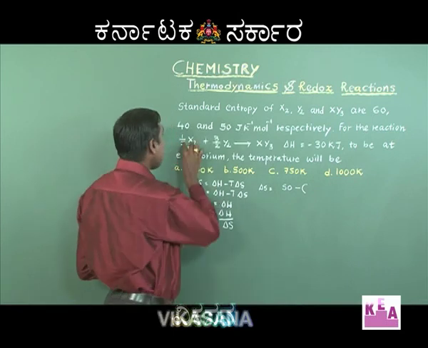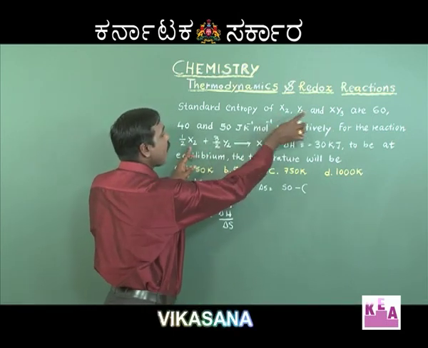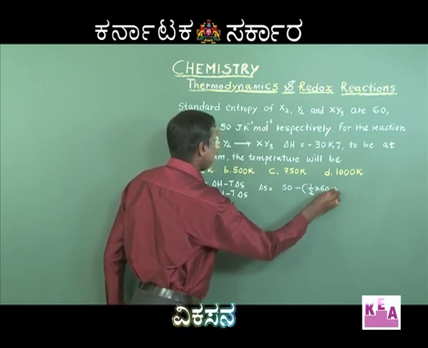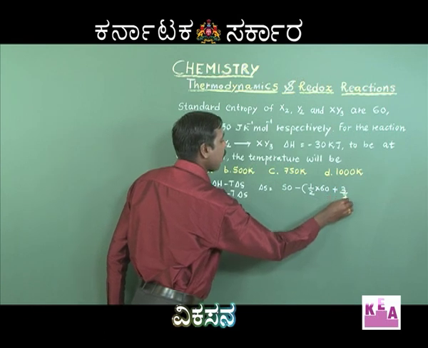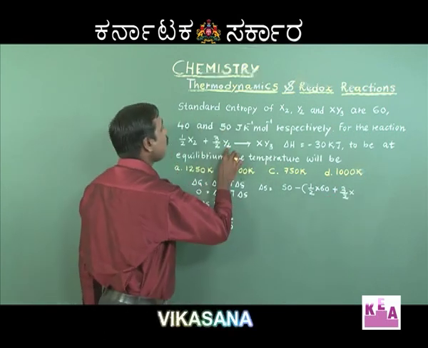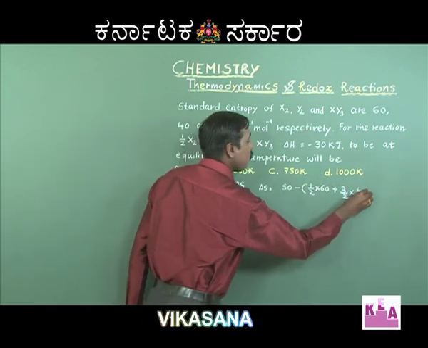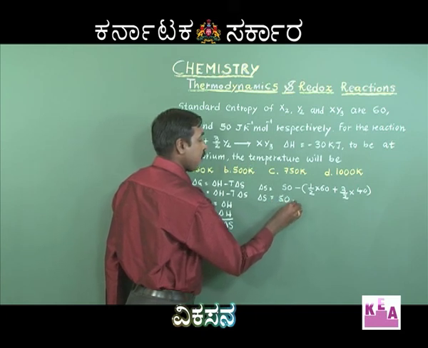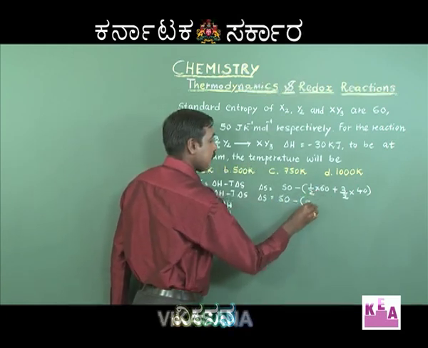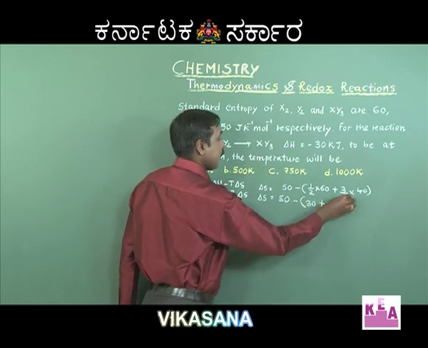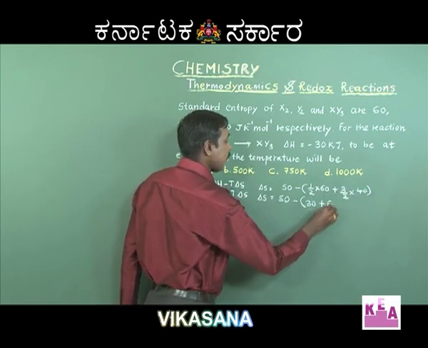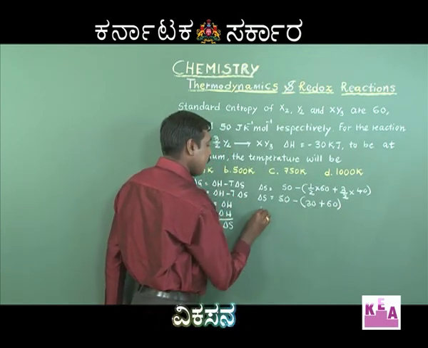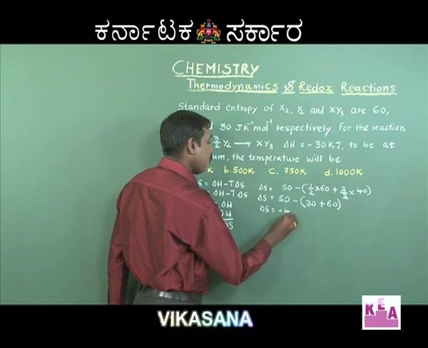Therefore, I have half of X2, my X2 value is 60, that is half of 60, plus again 3 by 2 of the Y2 value, that is Y2 happens to be 40, into 40. On solving this, delta S is equal to 50 minus, it is 30 plus 20 into 3 is 60, I get 60 plus 30 is 90, 50 minus 90, delta S is equal to minus 40.